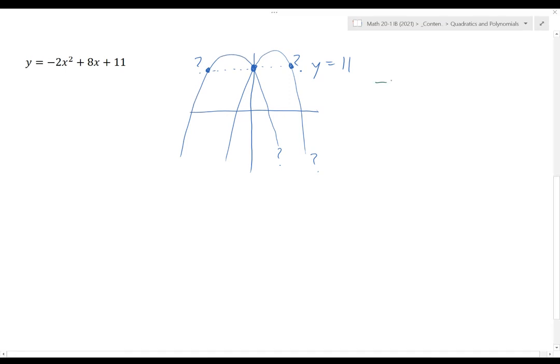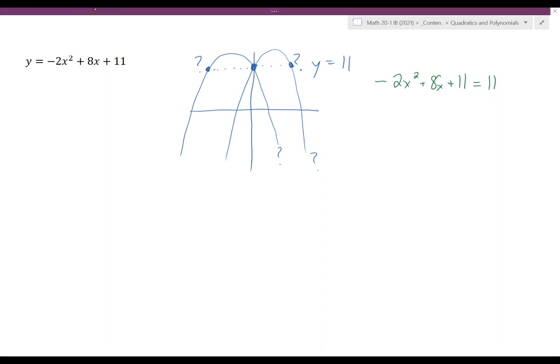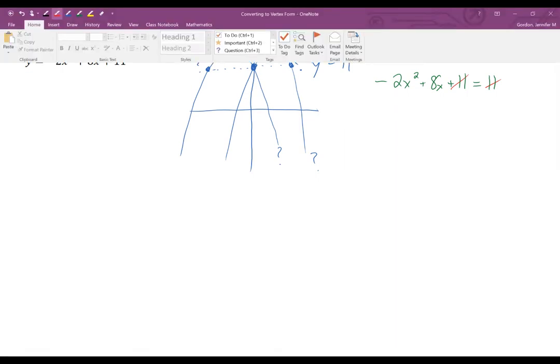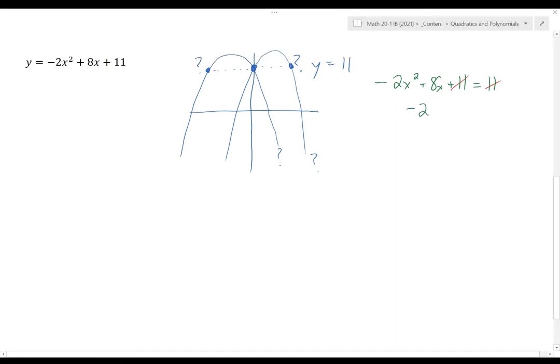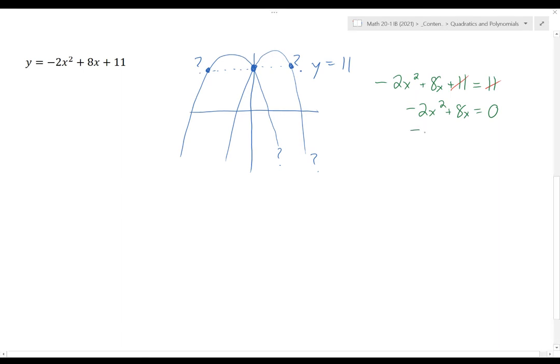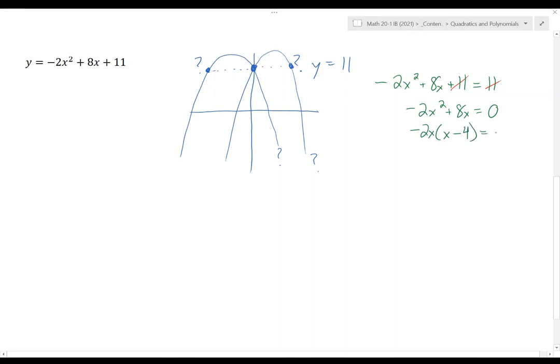So I'm solving where negative 2x squared plus 8x plus 11 equals 11. The reason this becomes so easy to solve is that the 11s drop away. So now I'm just solving where negative 2x squared plus 8x equals 0, which is factorable because there's at least going to be a common factor of x every single time. In this case, there's a common factor of negative 2x, so negative 2x times (x - 4) equals 0.